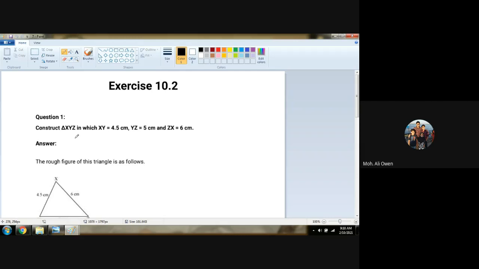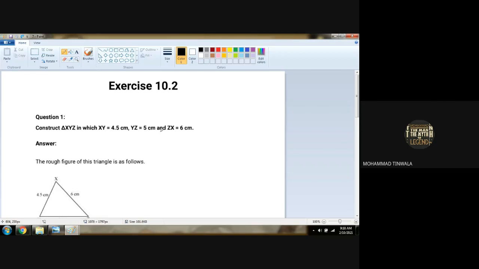Construct triangle XYZ in which XY is equal to 4.5 centimeter, YZ is equal to 5 centimeter, and ZX is equal to 6 centimeter.